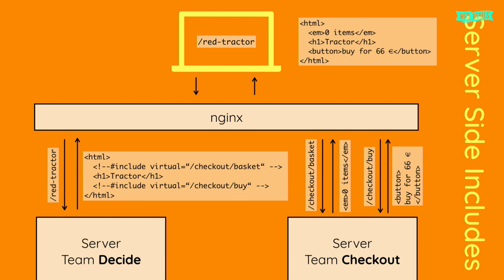There are also other techniques like edge-side includes, for example, which basically work the same. And there are also other implementations in other technologies. So you have Java implementations or Node.js implementations if you don't want to use the web server.